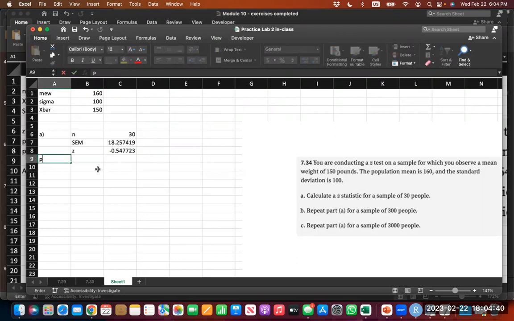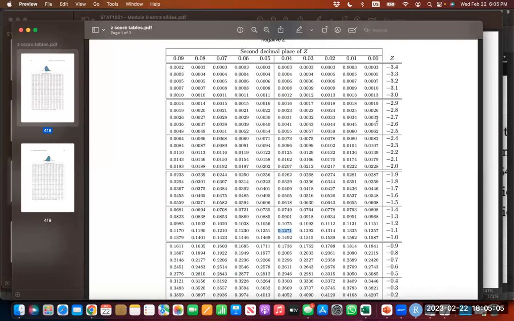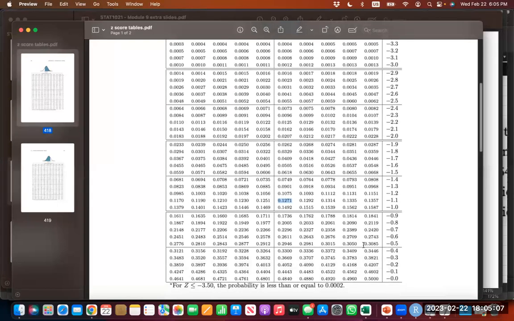So our two-sided p for Z equals minus 0.55 is now, minus 0.55 corresponds to 547 actually.